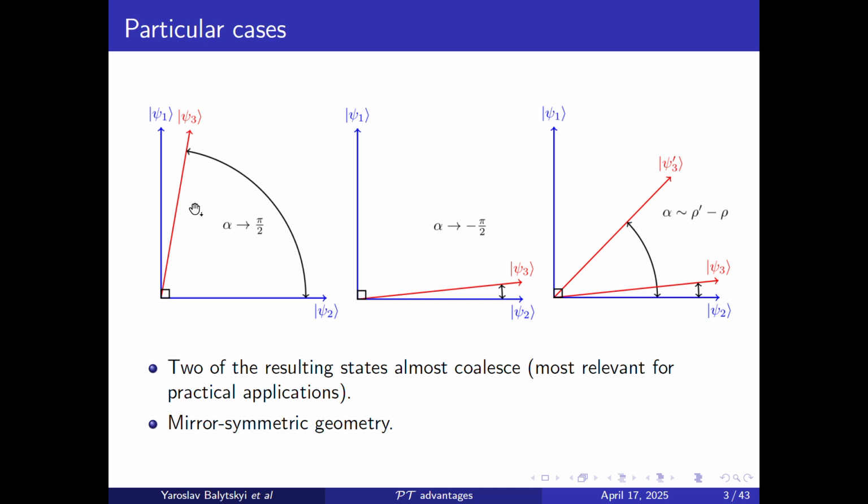In this case, two of the states, the first and third, coalesce, so they become the same, they essentially merge. And in this case, another two states merge. These two cases are actually most relevant for practical applications. Nevertheless, you can transform this to an arbitrary set of states, for example, to mirror symmetric ones like this.